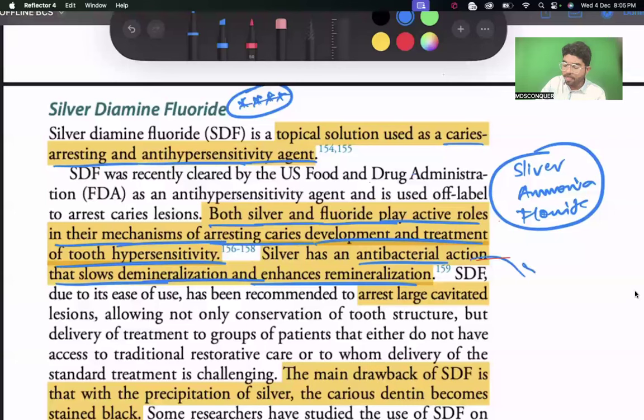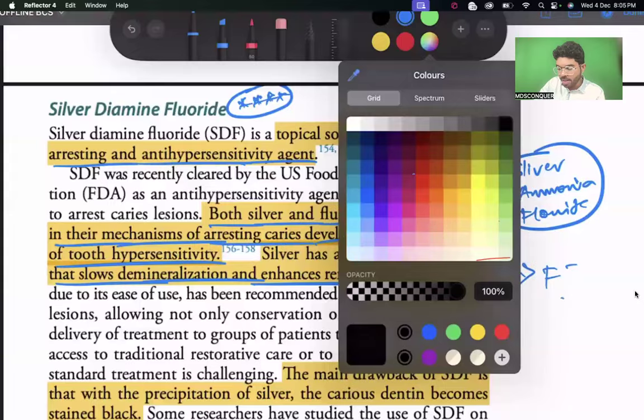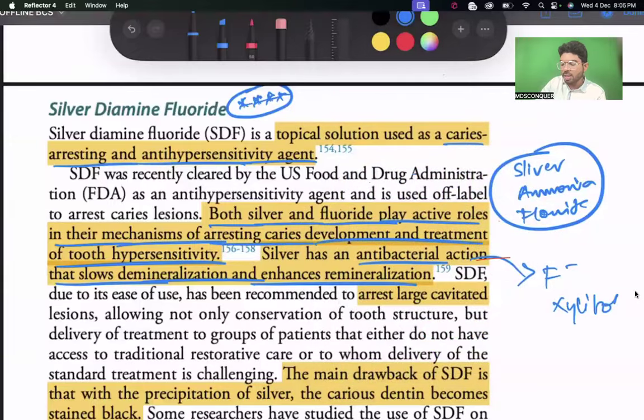This is not only the purpose of silver, it is the same purpose for which fluorides are used, the same purpose for which xylitol chewing gum is used. All of them reduce the demineralization and enhance the remineralization. And that is the reason why, in arrested large caries lesions also, you can use this.